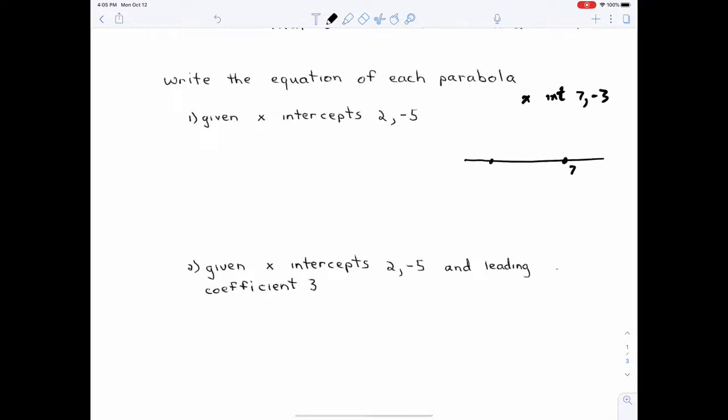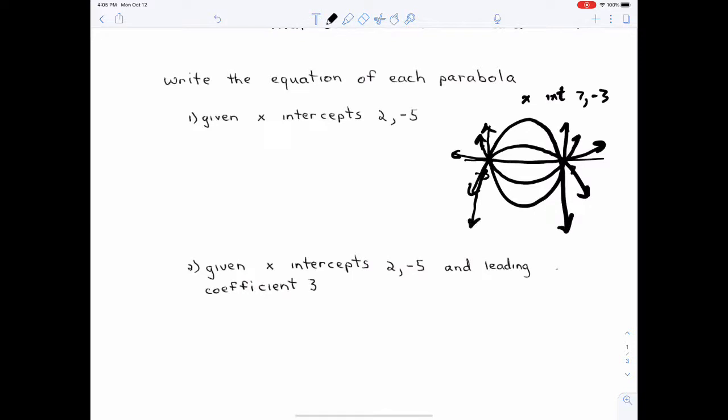How many parabolas could you draw through those x-intercepts? Well, again, I don't draw very well, but we could draw one that looks like that. We could draw one that goes upside down. We could draw one that's a little steeper. We could draw one that's a little broader. We could draw one that's steeper upside down.